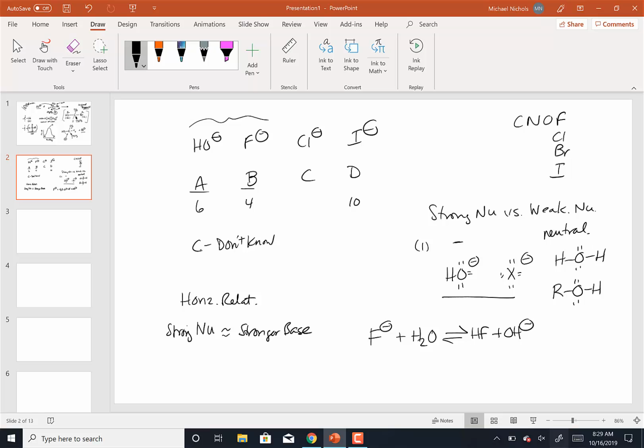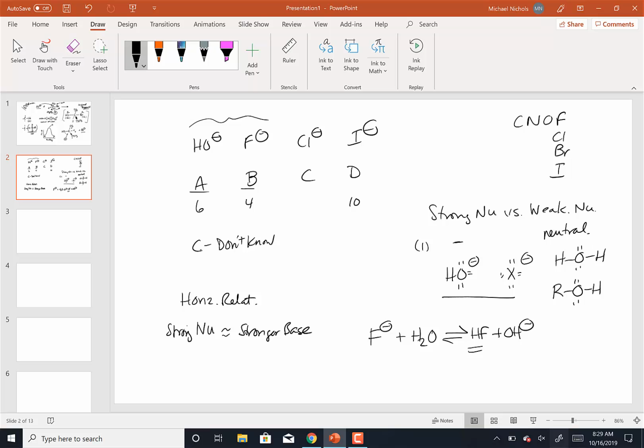HF, the conjugate acid, is a weak acid because it only partially dissociates in water. You probably did tons of ice charts with HF. If you don't remember what an ice chart is, Google it.